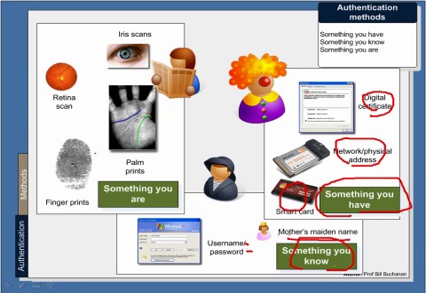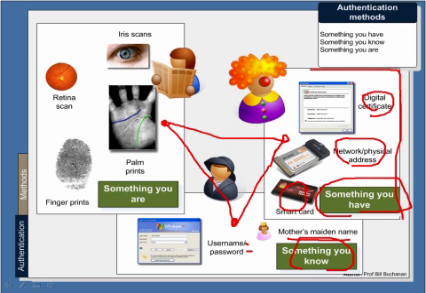And then something you are might be your palm prints, your retina scan, fingerprints, and so on. If possible, in a highly authenticated system, the three things should tie up, because it is typical that someone can determine one element of it, but it is very difficult to determine all three areas.